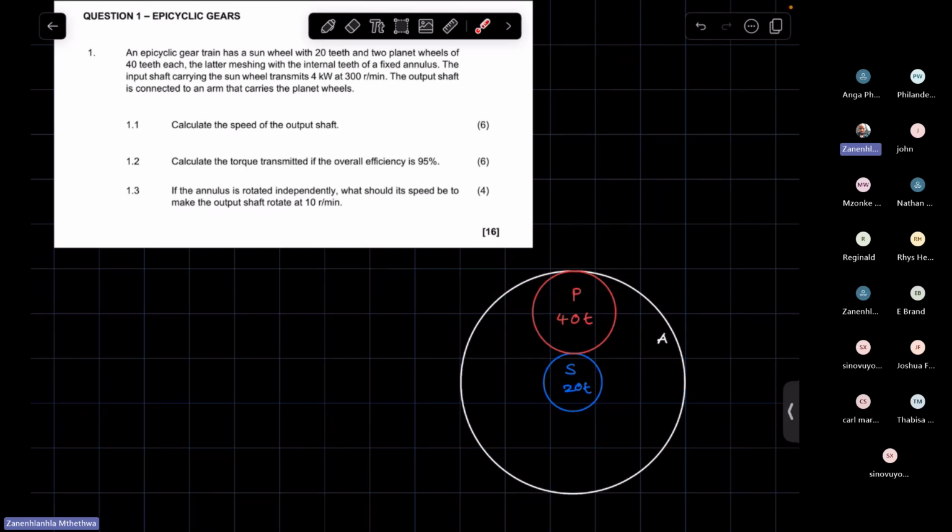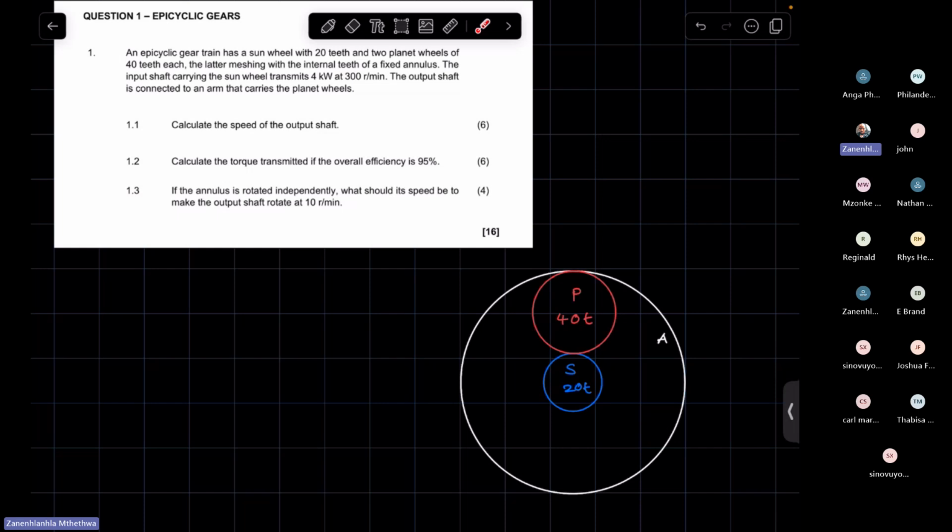You know that if this is a pinion, then this represents the PCD of the pinion. So to get the PCD of the annulus, it would be the PCD of the pinion plus the PCD of the sun. And now you know that this measurement here will always be equal to the PCD of the pinion.